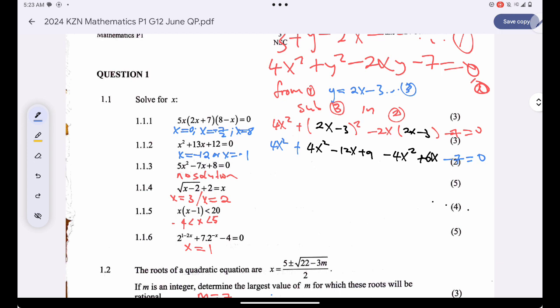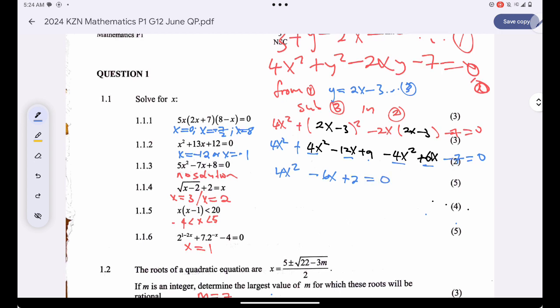All right, together. Okay, this will subtract with this, and then I'll be left with 4x squared. This and these will subtract. I'll be left with negative 6x, and then 9 minus 7 will give me 2 is equal to 0.